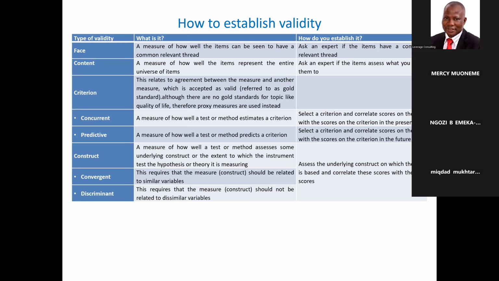Predictive validity is a measure of how well a test or method predicts a criterion, so it has to do with something futuristic. For example, if you want to know whether the WAEC exam actually tests the knowledge of a student, is it valid?